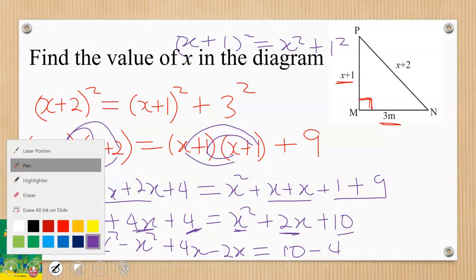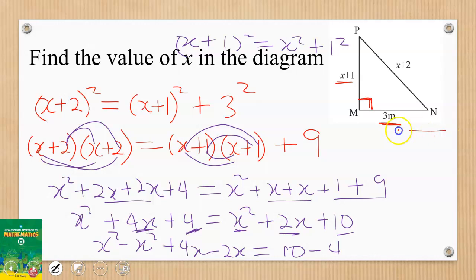Now with this, x squared minus x squared will give me 0. 4x minus 2x will give me 2x, is equal to 10 minus 4, which is 6. So I have 2x equals 6.